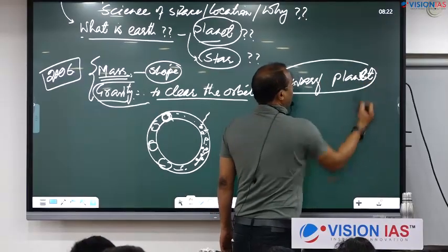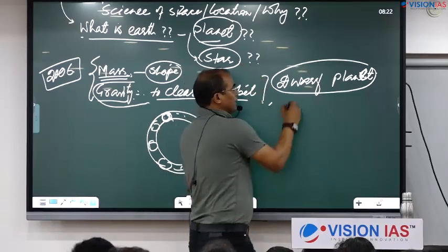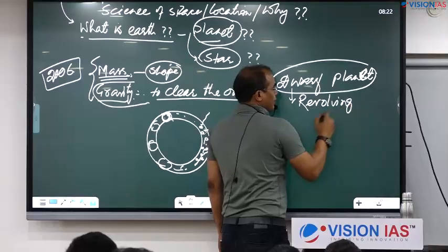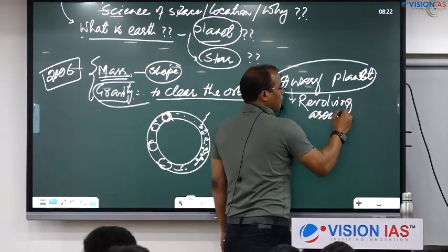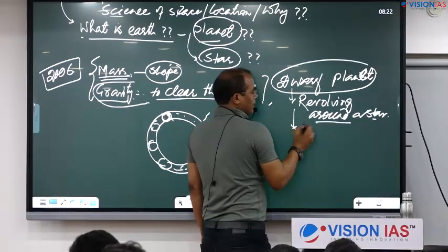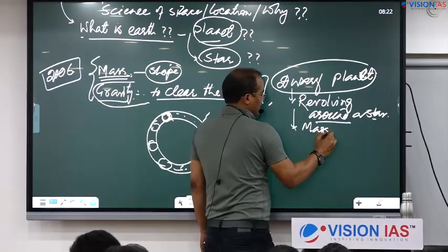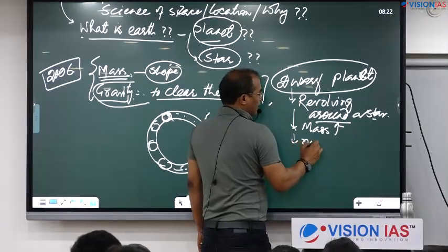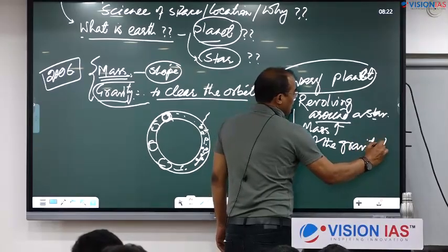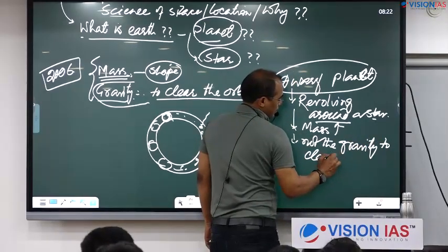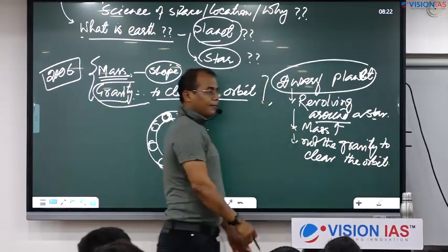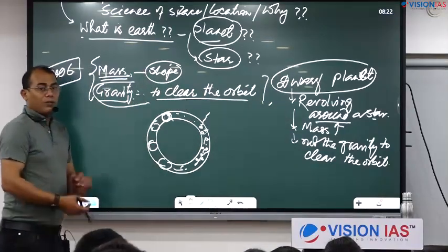So any celestial body just revolving around a star, right, having the mass to maintain the shape, but not enough gravity to clear the orbit, will be called a dwarf planet. Like Pluto is a dwarf planet.